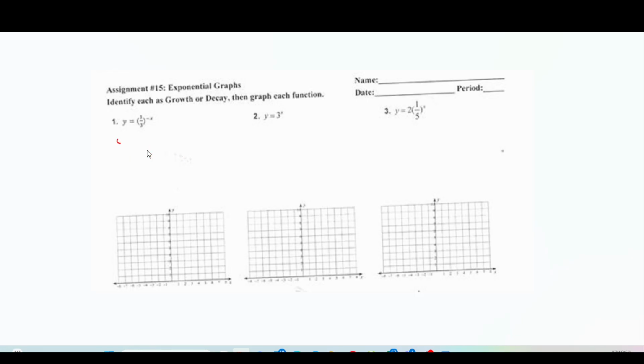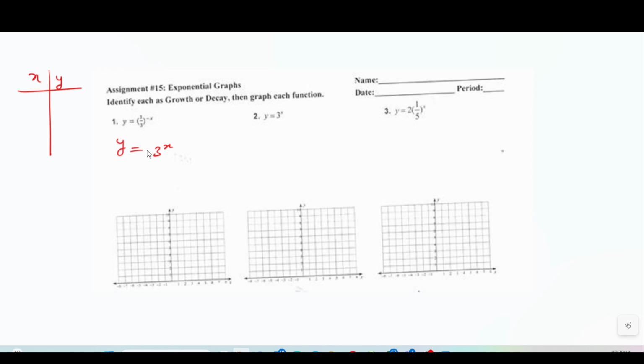This negative x will become positive, right? And this would be easier. Because this is whole to the power negative x, I can write like this, so it'd be y equals 3 to the power of x.